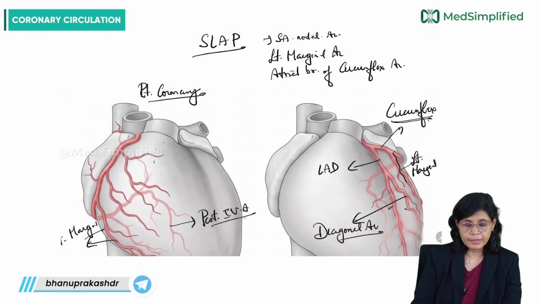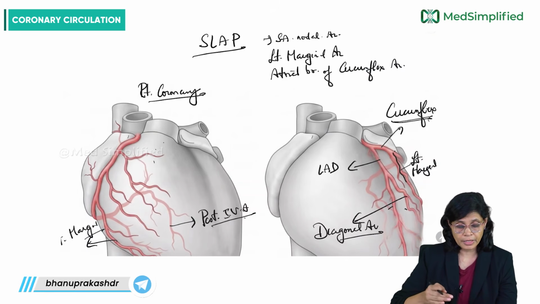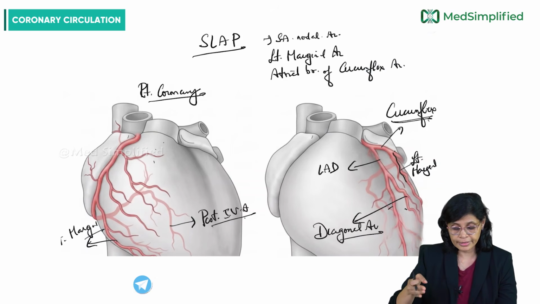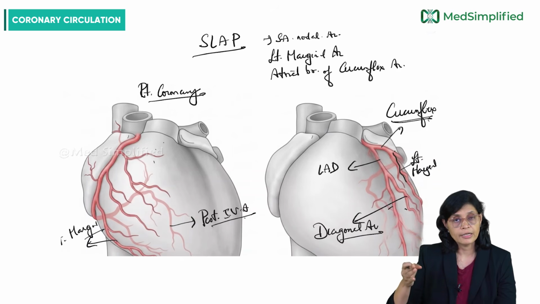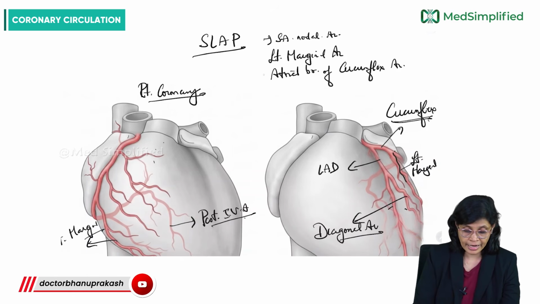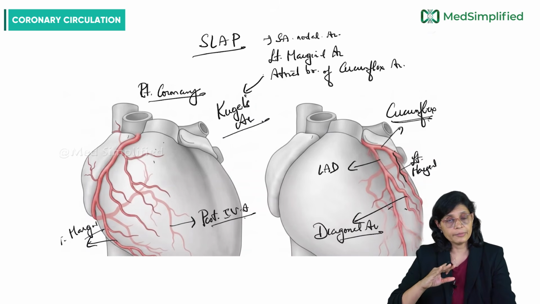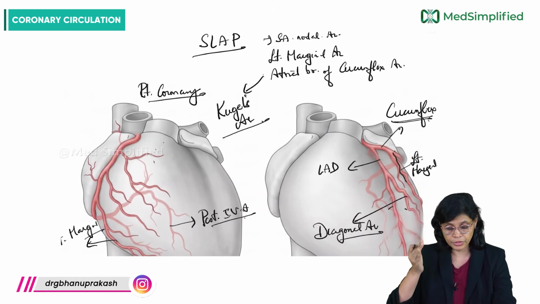This atrial branch can anastomose with a similar branch coming from the right coronary. The atrial branch of the circumflex will anastomose with the atrial branch of the right coronary artery, and that anastomosis is known as the Kugel artery. So the Kugel artery is nothing but the anastomosis between the atrial branches of the right coronary and the circumflex branch of the left coronary.